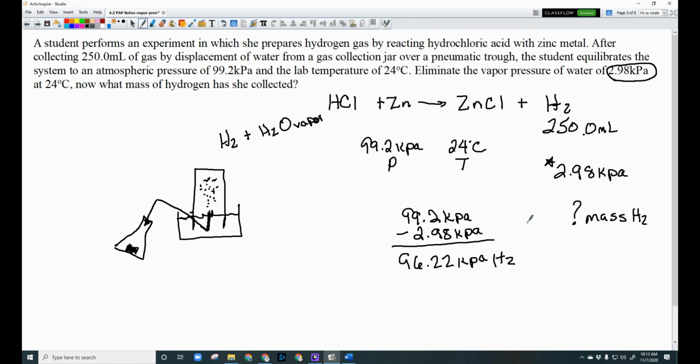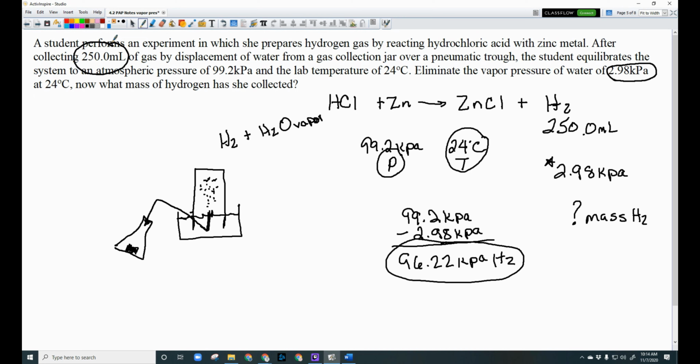All right, and so now we need to ultimately answer this question: what is the mass of hydrogen? Well, we have the new pressure of just the hydrogen gas, we have the temperature that it's collected at, and we have the volume of the gas right here.